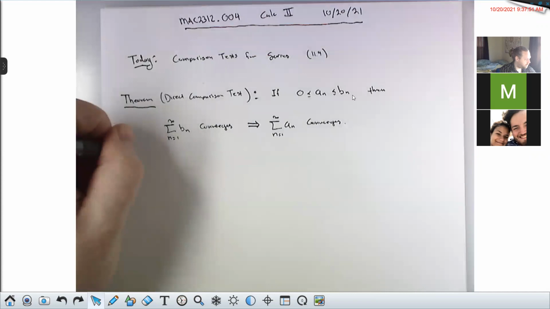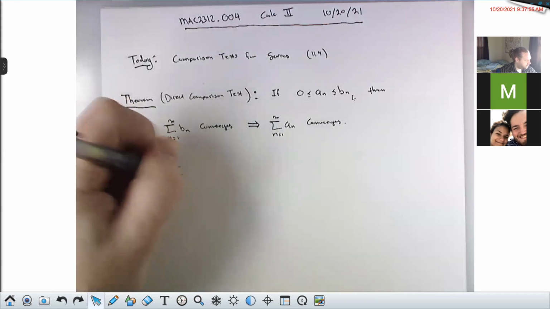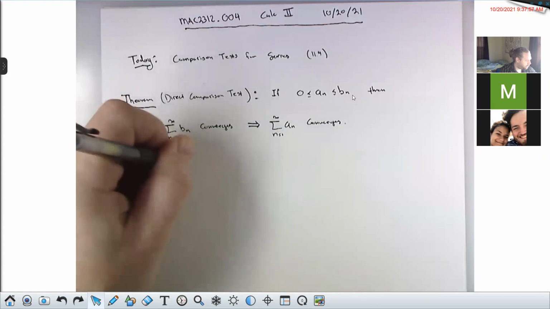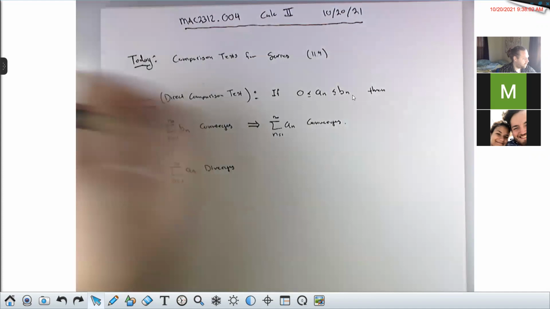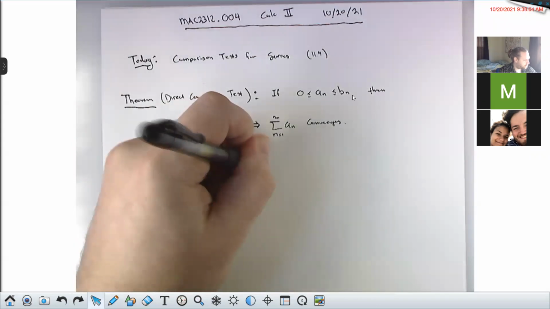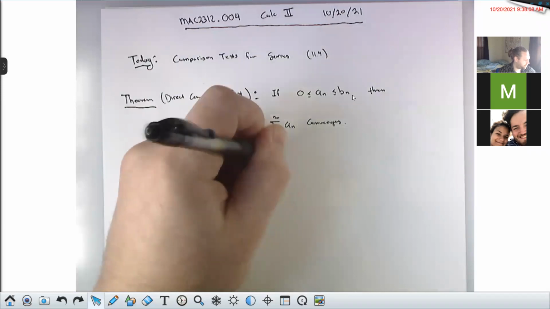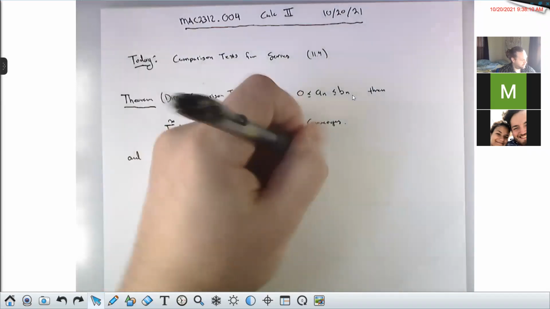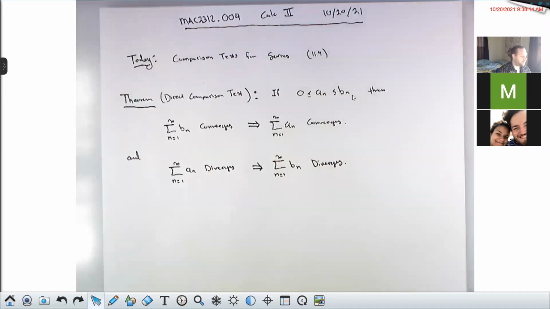And if the series of the smaller terms diverges, then the series of the larger terms diverges. So if an infinitely large box fits inside of you, then you must also be infinitely large.